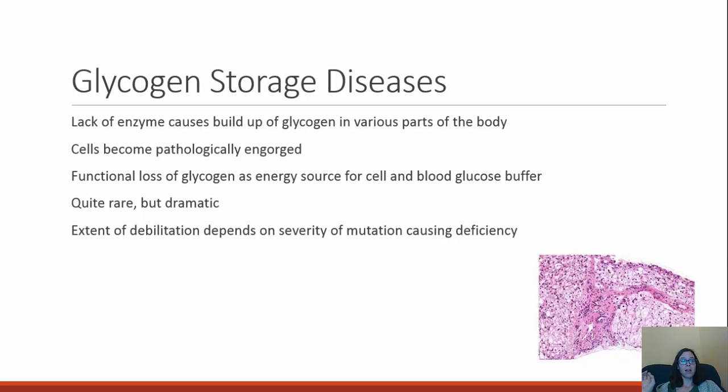Not only do they become large and provide a physical issue, decreasing the function of the cells, but we also can't break off glucose from the glycogen and utilize it as an energy source when we need it, or use it to increase our blood glucose when we need it.